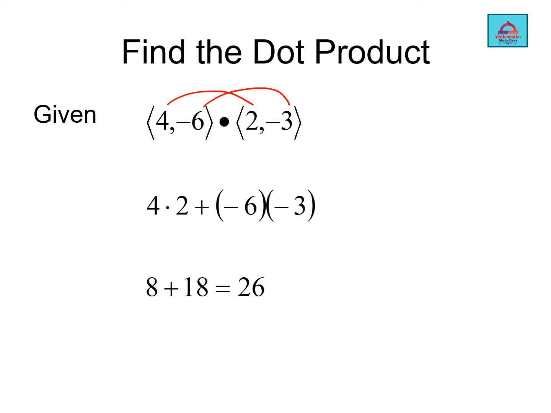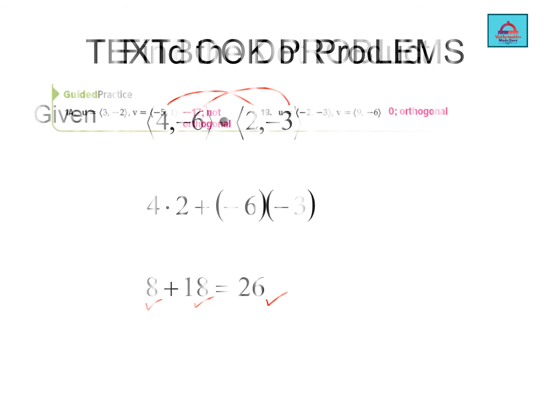So 4 times 2 is 8, minus 6 multiplied with minus 3 is 18. Now the negative and negative cancel, becoming positive in multiplication. So be careful about the sign, and eventually you add 8 with 18. That gives you 26 as the answer. So our result for the dot product for this question is 26.